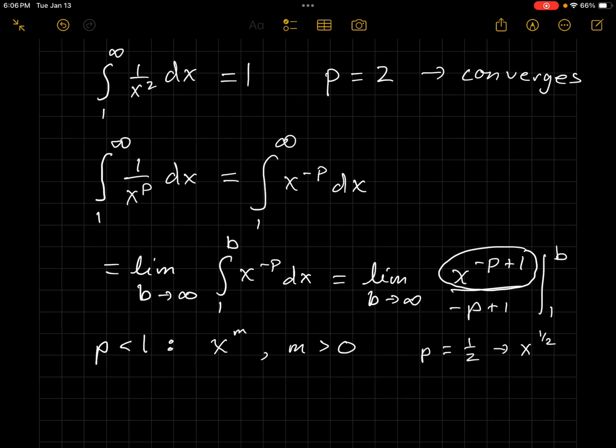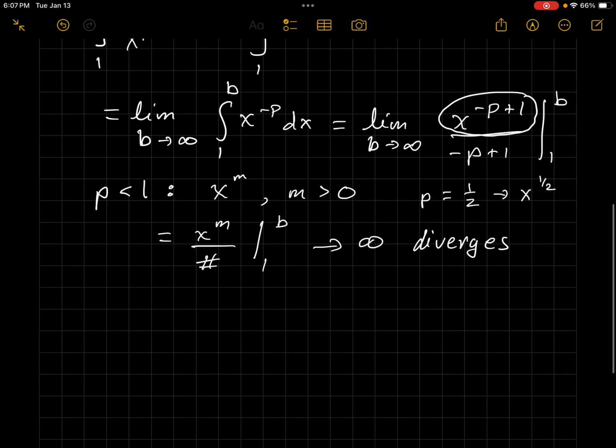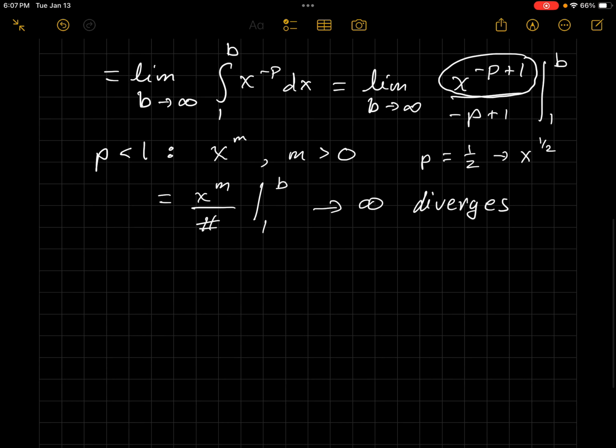The point is, we will end up with x in the numerator. So when we plug in infinity, I will have infinity in the numerator, which means that the integral will go to infinity and will diverge. If you need to pause the video to think about this, I recommend you do so now.